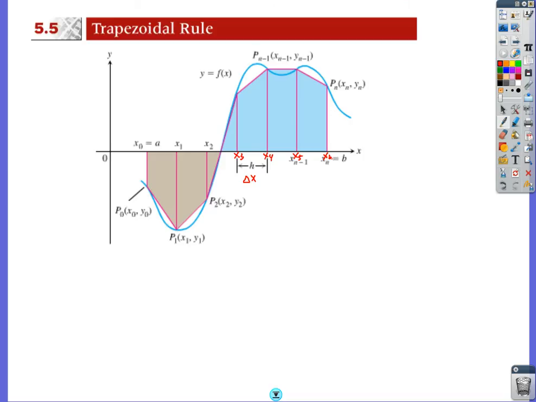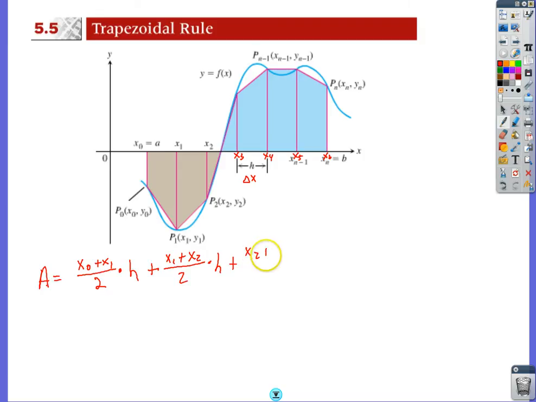Here we go. So if I find the area of the first trapezoid, the area is equal to x sub 0 plus x sub 1, all divided by 2, those are my two bases, times my height, which is delta x, but I'm going to call it h, plus the next trapezoid, x sub 1 plus x sub 2, all over 2, times h, plus the next one.